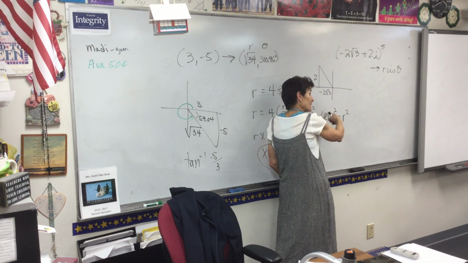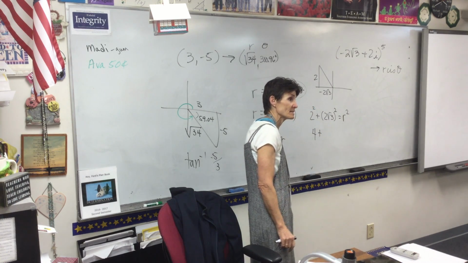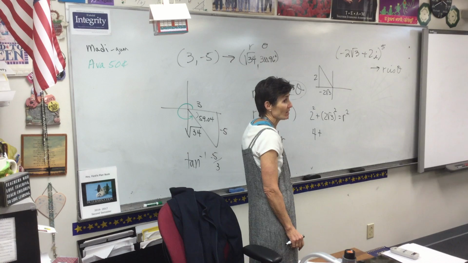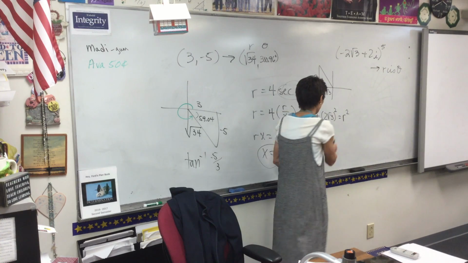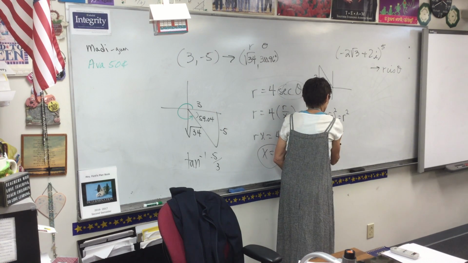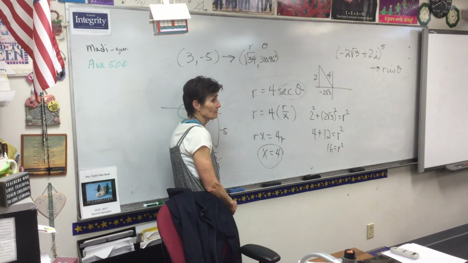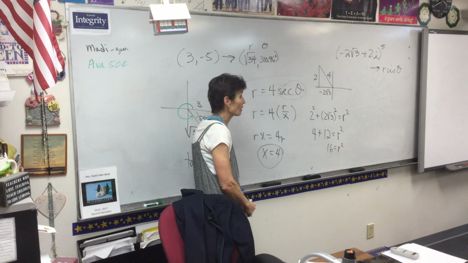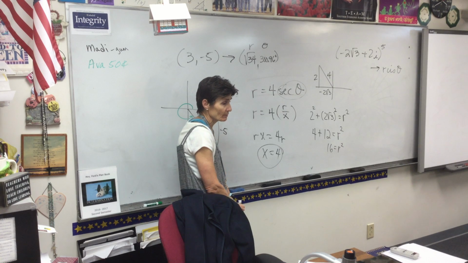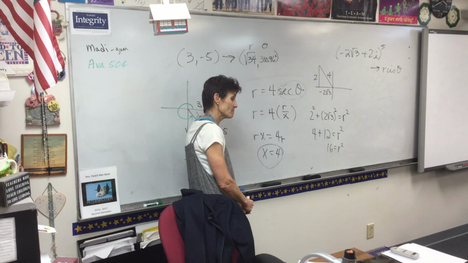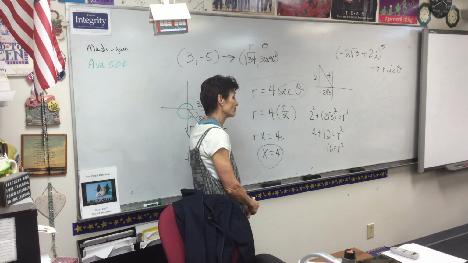If I'm gonna put that in my calculator, there are 2 pieces to it, so it's gotta go in with parentheses. If I don't use my calculator, it's just as easy not to. It's 4 times 3, so that should be 12. So R is 4. If you're not getting 4, then I don't know what to say to you. You're not typing it in right on your calculator. A squared plus B squared equals C squared. X squared plus Y squared equals R squared.